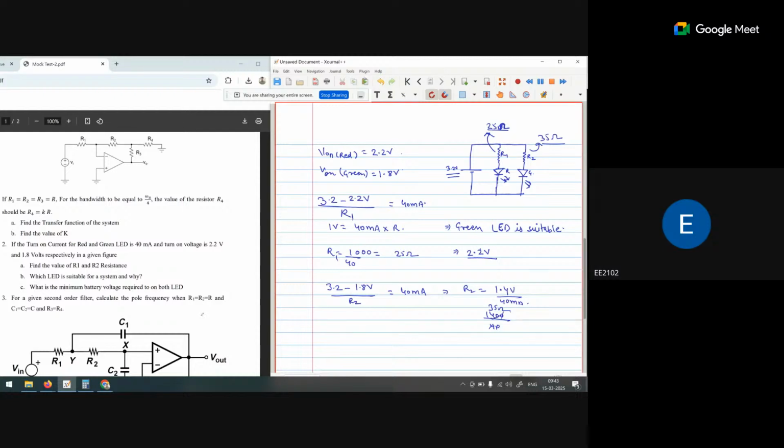So if the voltage is greater than 2.2 volts, red plus green both are on. Okay. If we provide a voltage from 1.8 to 2.2, only green will be on. Okay, and if we provide the voltage less than 1.8 volts, that means no LED.